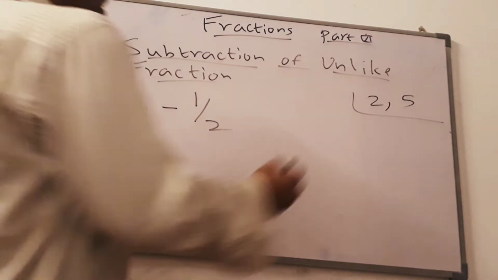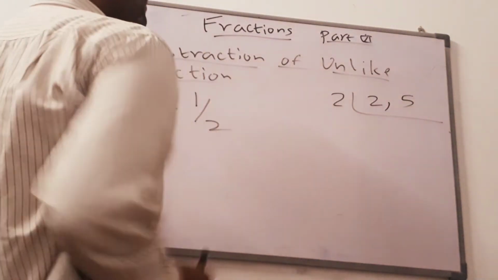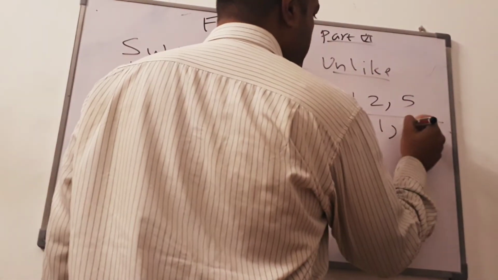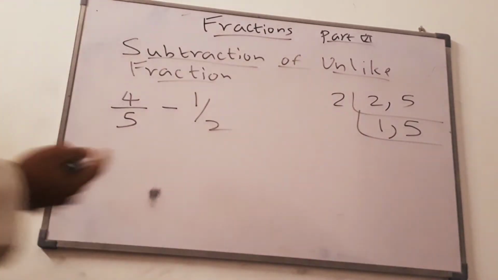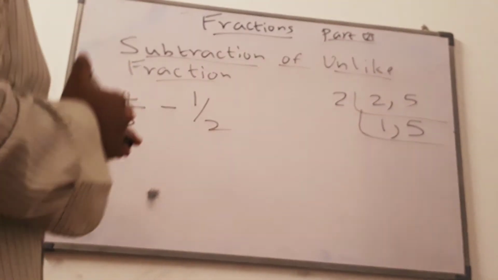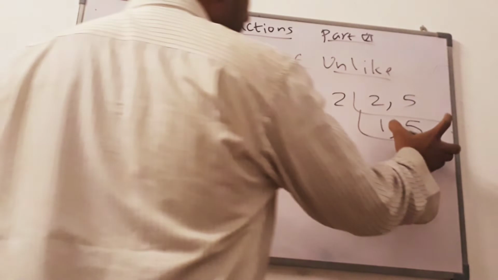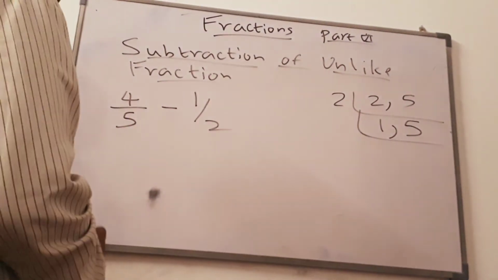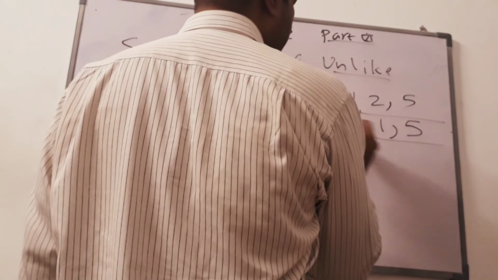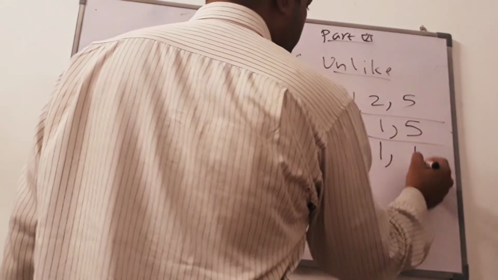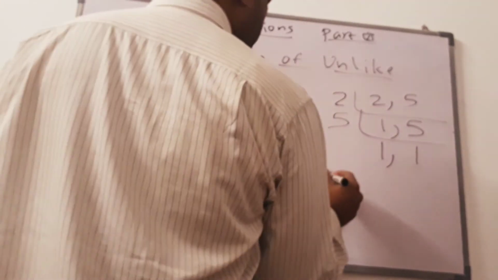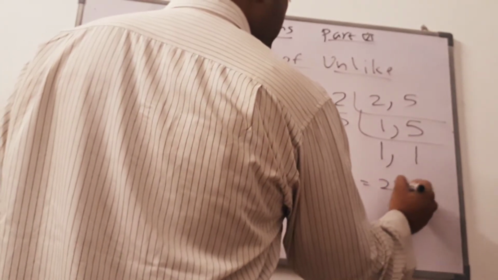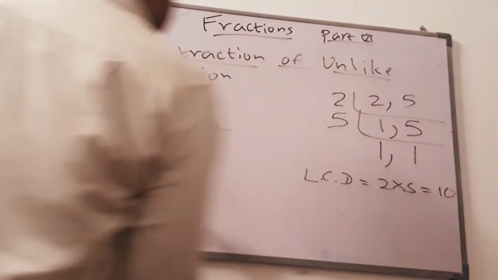The smallest prime factor is 2, and 2 is divisible by 2, hence it is 1. 5 stays the same. The next prime factor is 3. 5 is not divisible by 3, so we can't take 3 here. Then we have to take the next prime factor, which is 5. So 5 becomes 1. So the least common denominator is 2 times 5, that is 10.